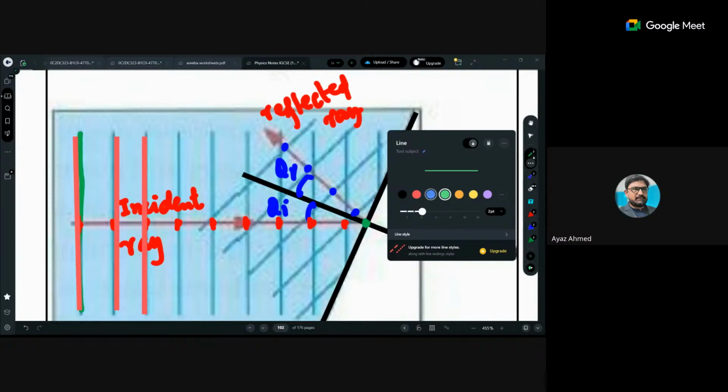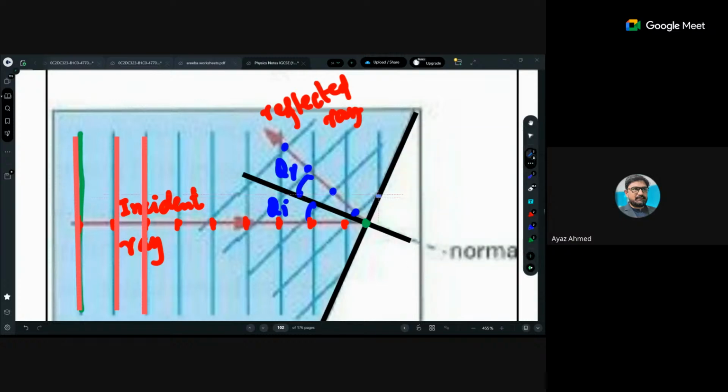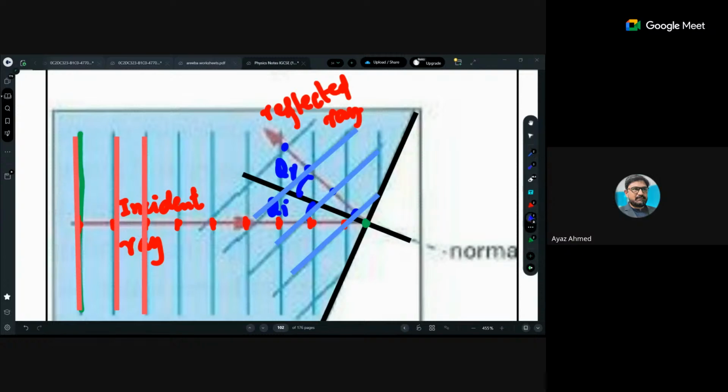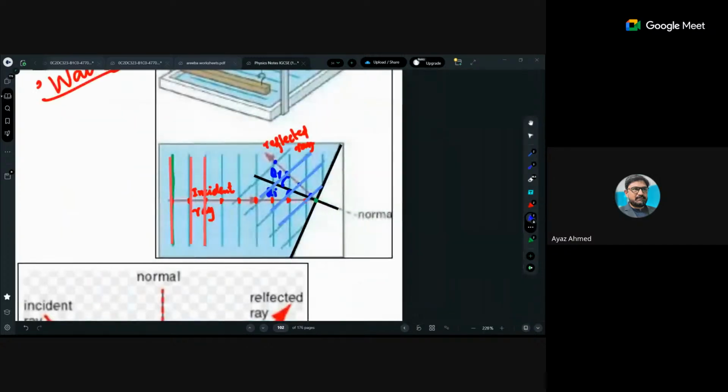This is the perpendicular line at this position, this is the perpendicular line at that reflected ray. So these are your reflected wave fronts. What are these? Reflected wave front. So now that is basically your incident and reflected diagram.